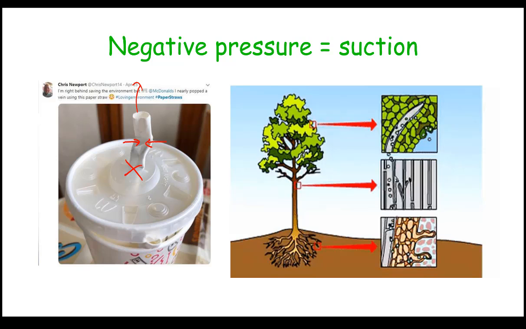Now, that suction actually happens as well in plants. When water is evaporating out through the leaves in transpiration, it pulls the water molecules up behind it. So the water evaporates here and it pulls the water up through the xylem right away from the stem and from the roots.